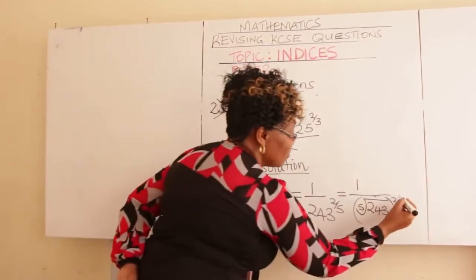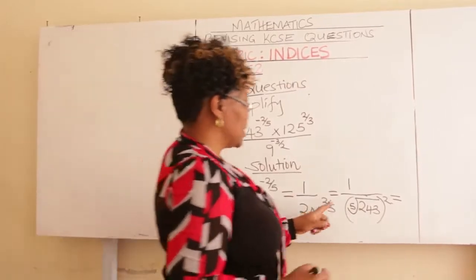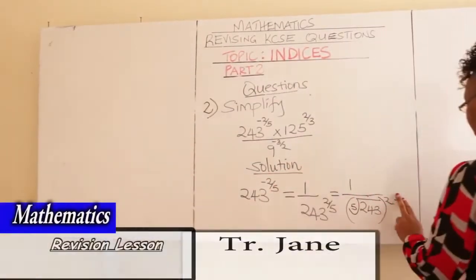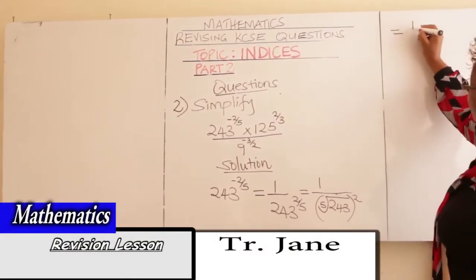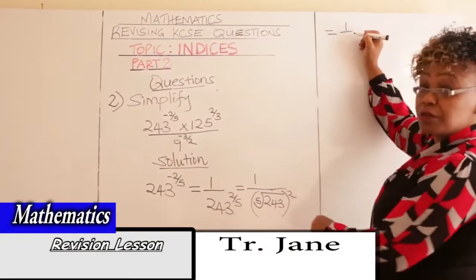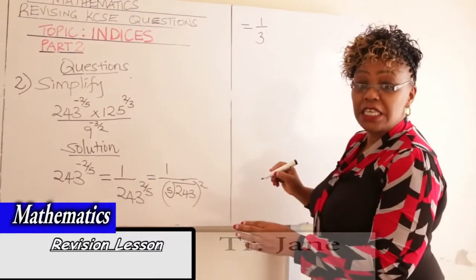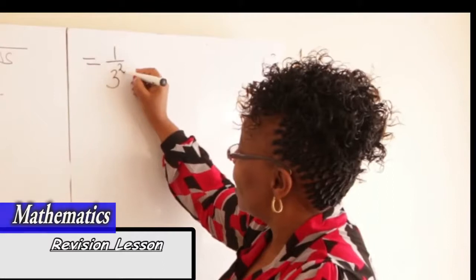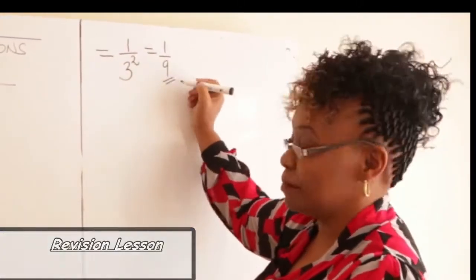So this gives us 1 over, fifth root of 243 is 3, so 3 squared. And so this is 1 over 9.